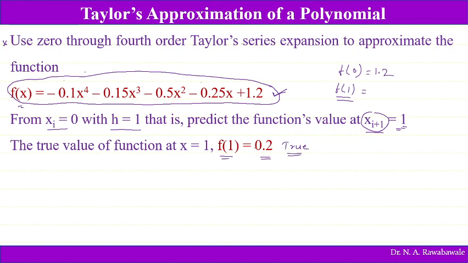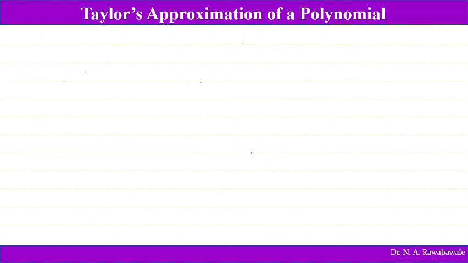But here we are not substituting x is equal to 1 in this equation directly, and we are not finding f of 1 as 0.2. So we are going to use Taylor series. Now to use Taylor series, we start with the solution.